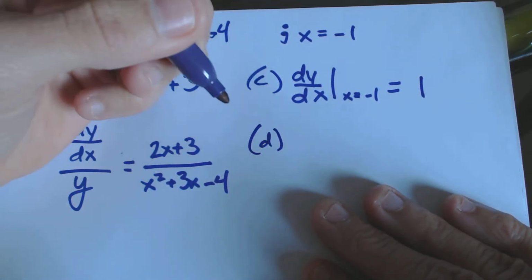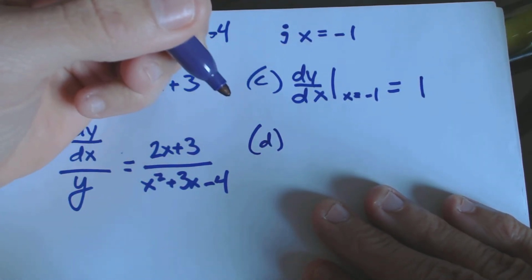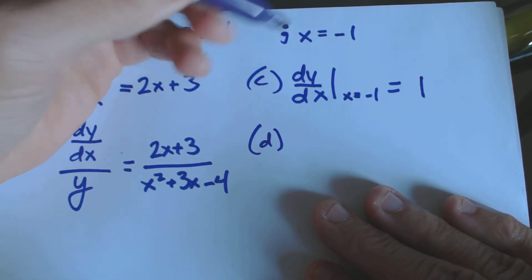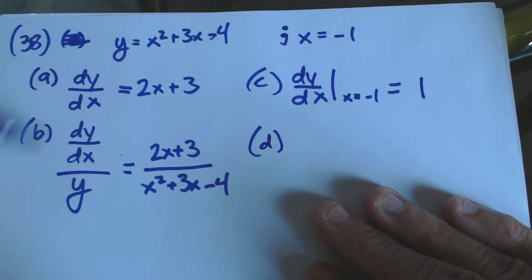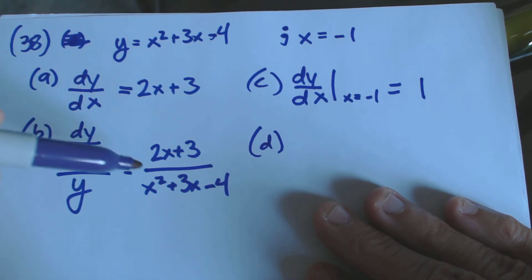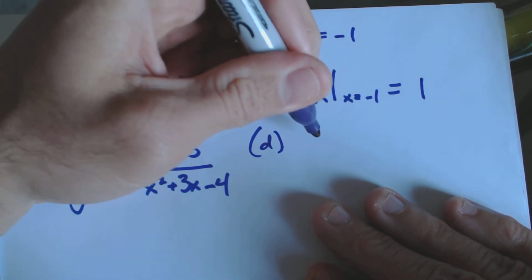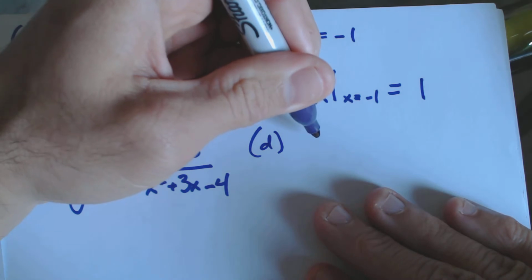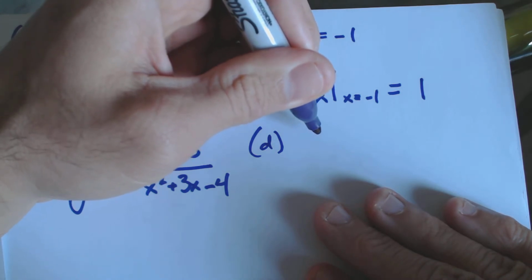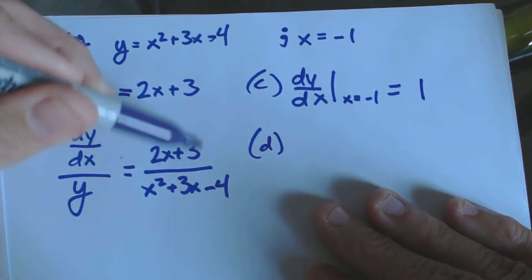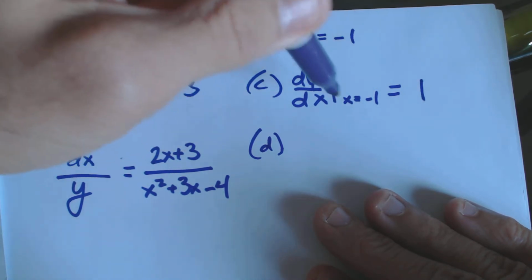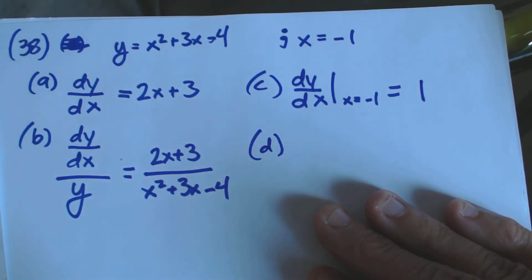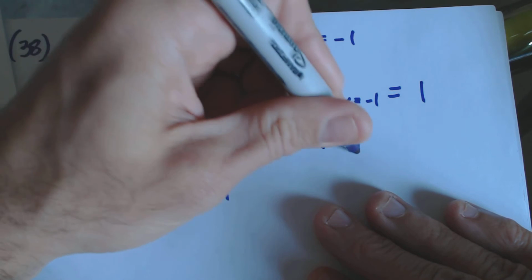D, evaluate the relative rate of change of y at the value of x equals negative 1. So we're supposed to evaluate this expression here at x equals negative 1. So let's just plug stuff in. So the numerator is just the derivative evaluated at x equals negative 1, which we found to be 1.